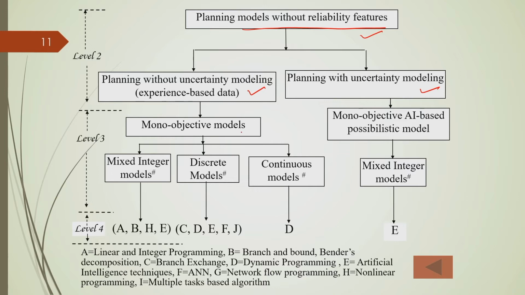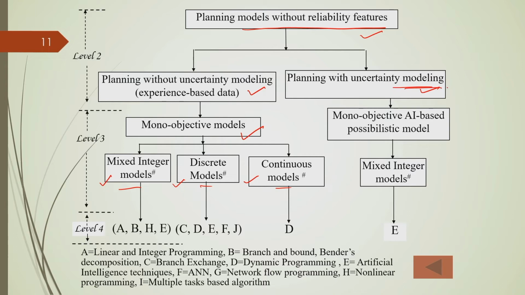These are the mono objective models, meaning we have only a single objective, and there are 3 categories based upon the types of decision variables: mixed integer, discrete, and continuous.